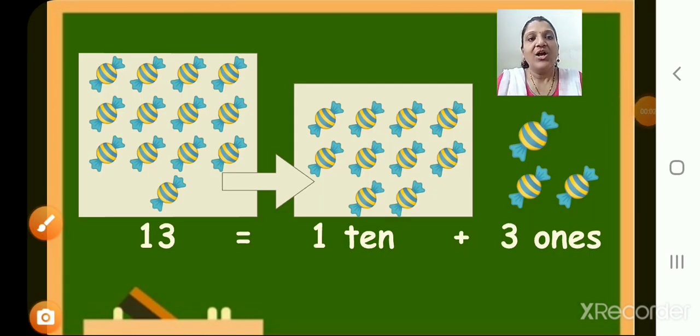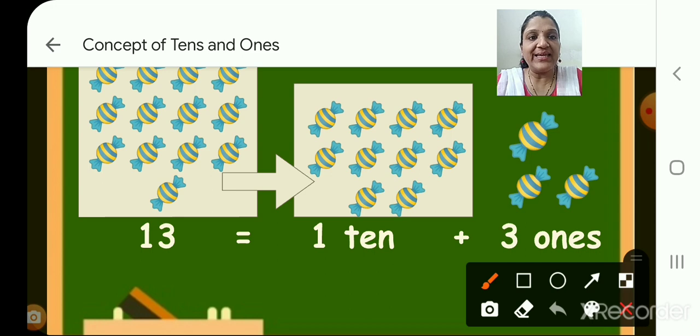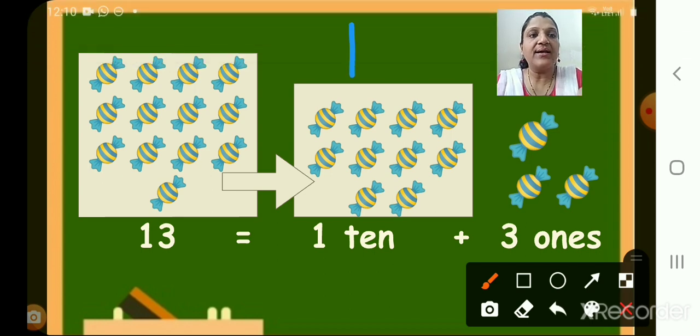Children, look at this picture. We find 13 candies in the first box. Now, out of 13, we took out 10 candies and made a group. We call it as 1 ten. And remaining 3 candies have kept aside.